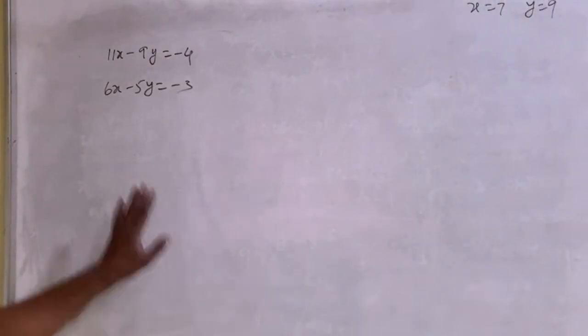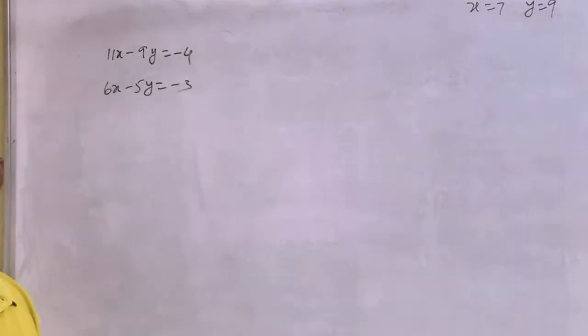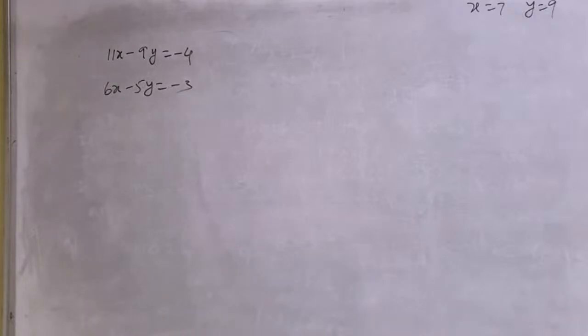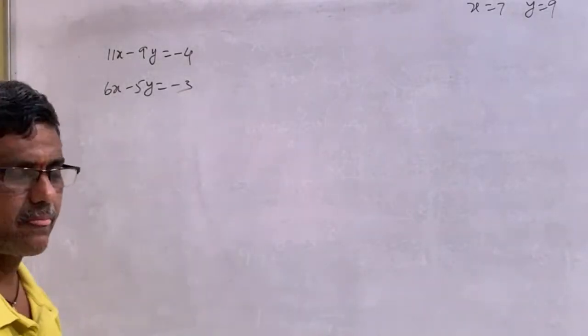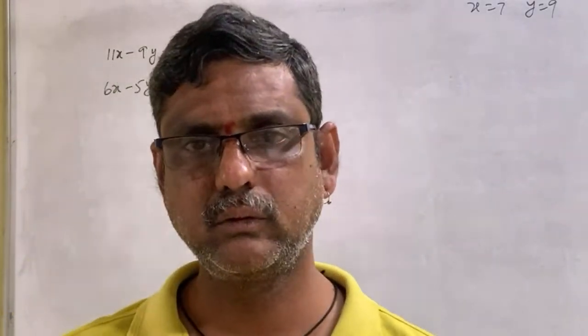See here, there are two equations and we need to find out the common solution by the method of elimination. In the elimination method, we need to remove one variable.